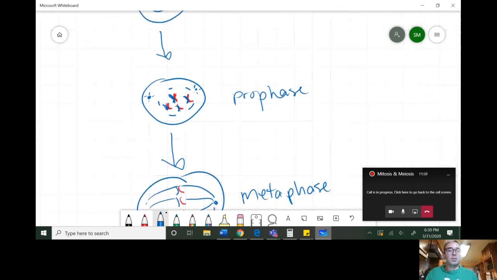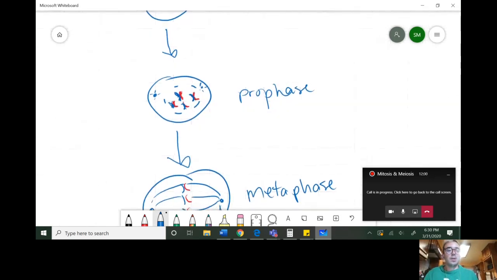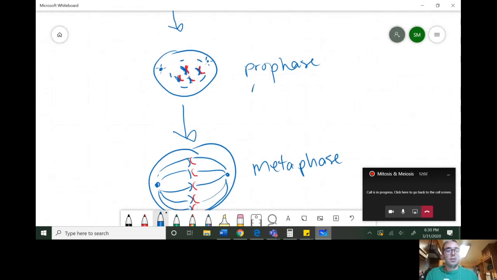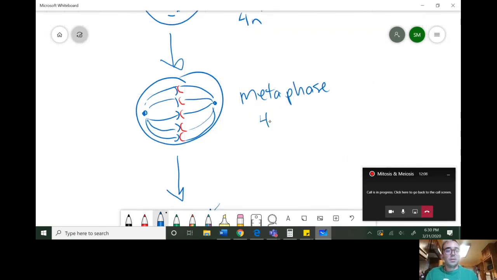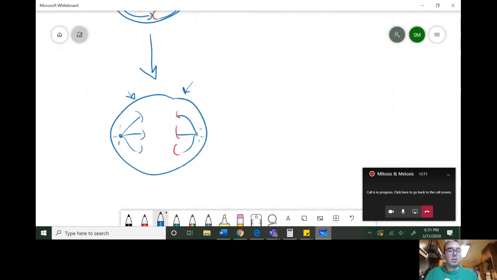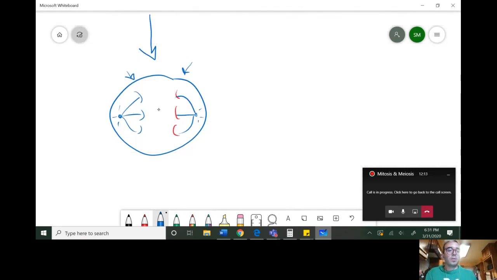so prophase, we've made our copies, so 2N. This, let's say, is 4N. This is still considered 1 unit, but it's being divided. So now that the chromosomes are separate, let's just keep it easy.